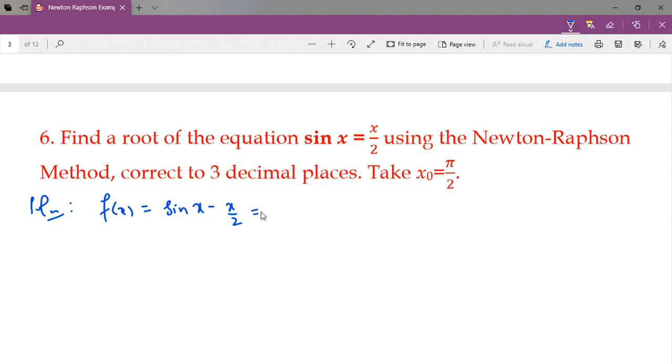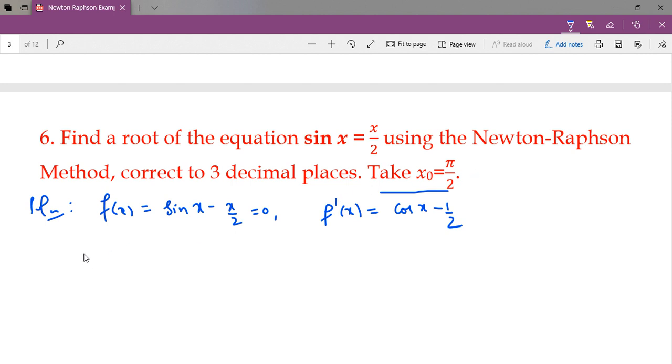So what is f dash of x? That is cos x minus 1 by 2. Already they have given x naught is equal to pi by 2, therefore there is no task of finding in which interval the root lies.